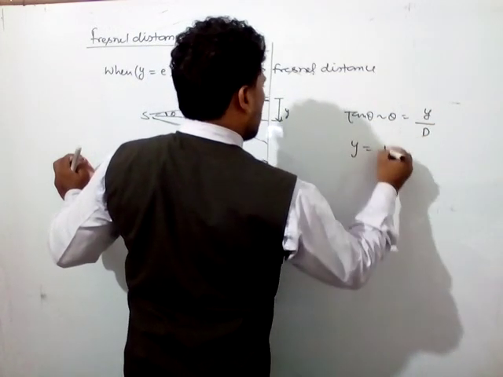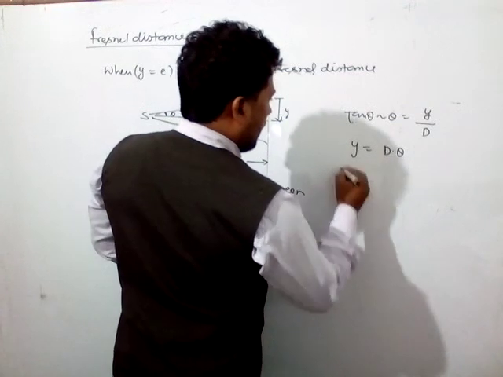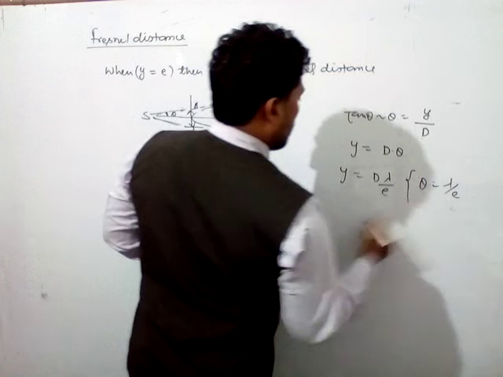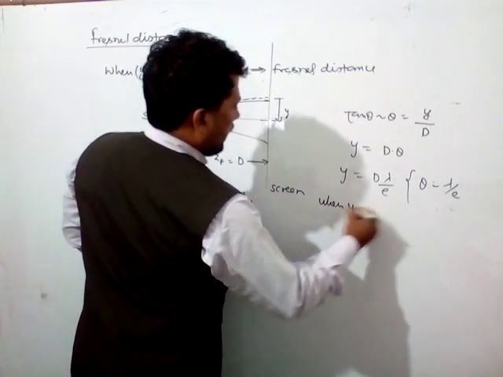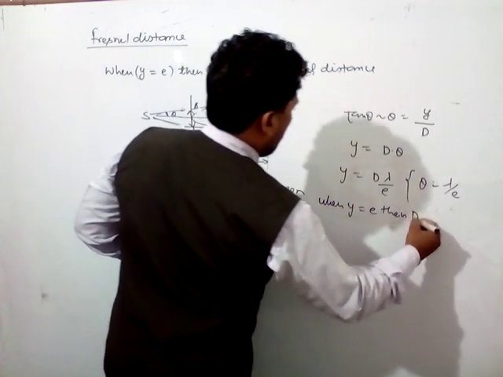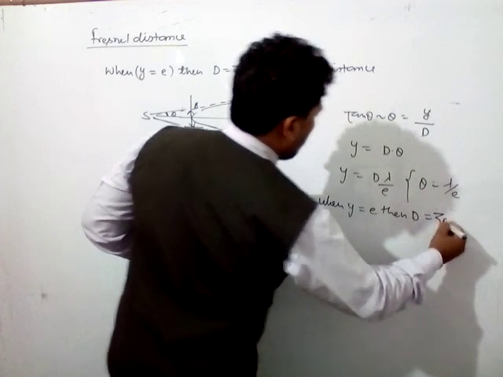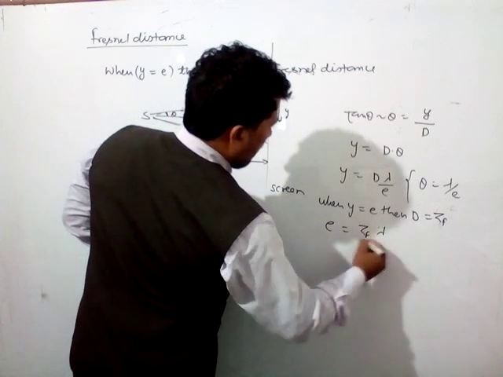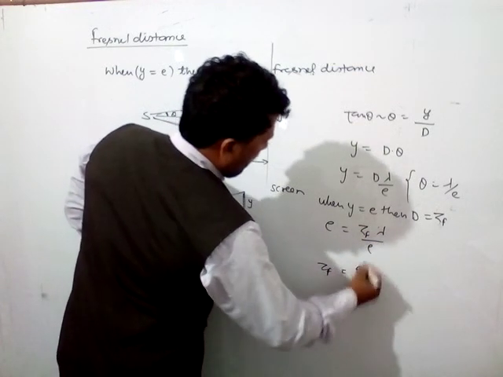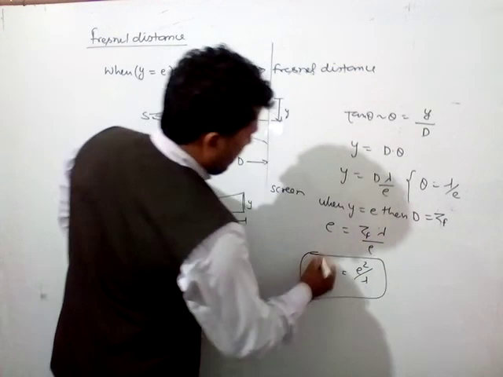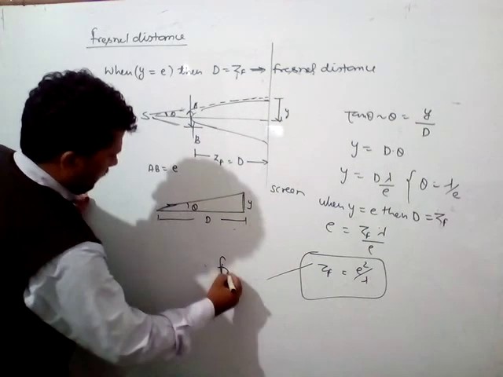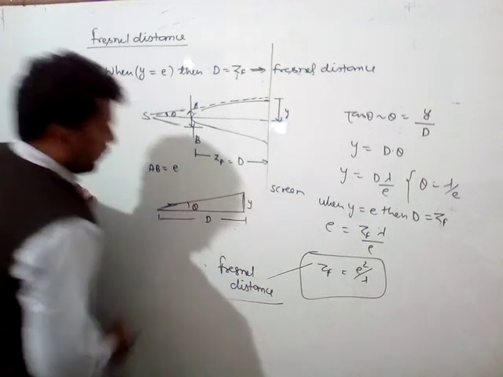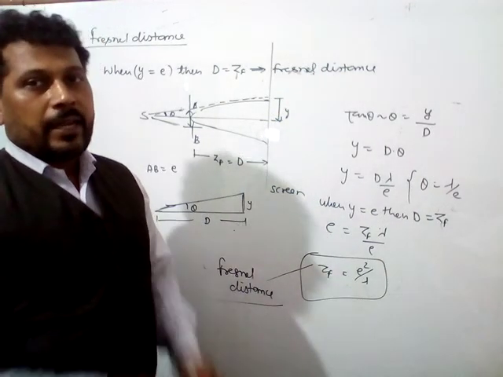So y equals d into theta, and theta equals lambda upon e. So when y equals e, then D equals ZF, the Fresnel length. So e equals ZF lambda upon e. So ZF equals e square by lambda, and this is the Fresnel distance. So this length is the Fresnel distance.